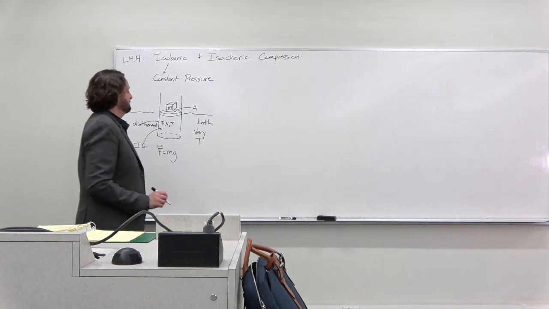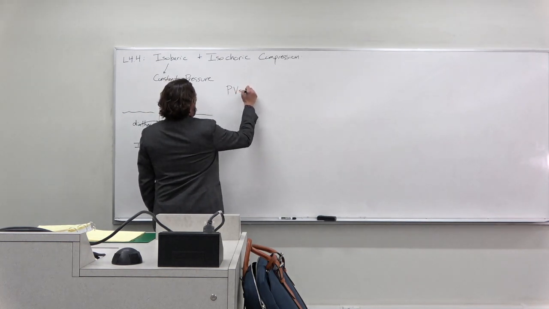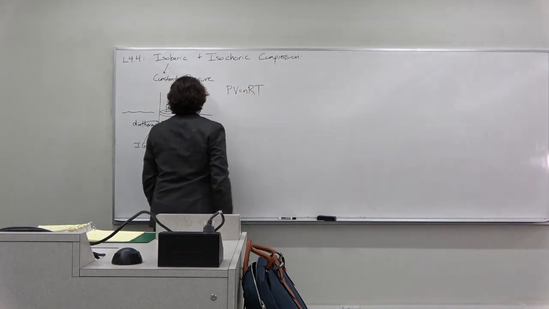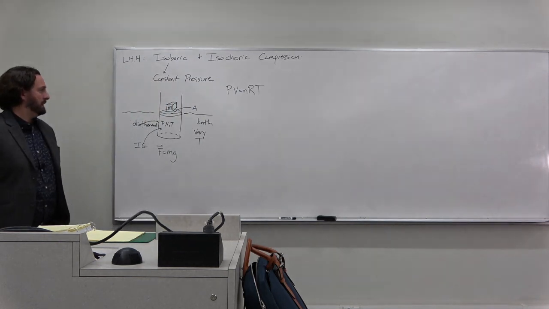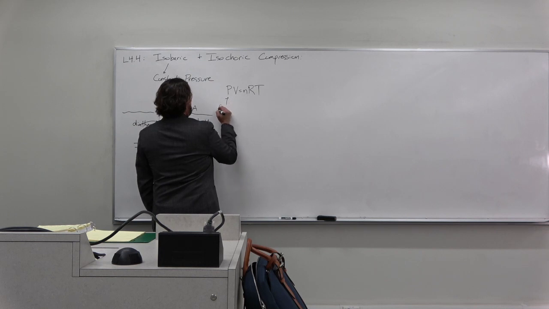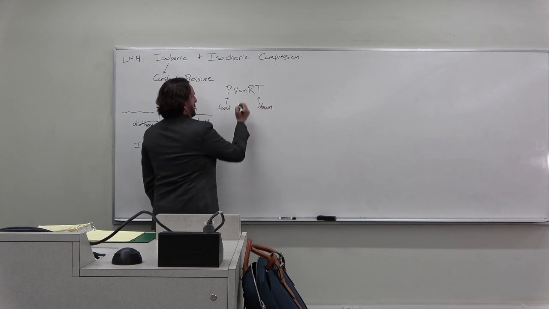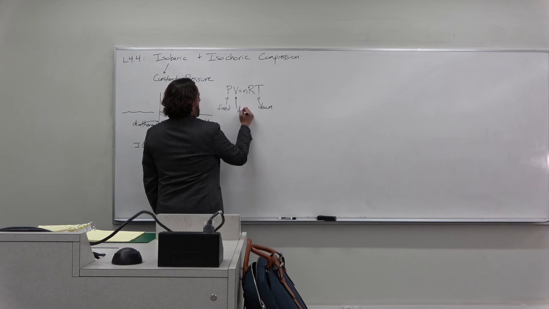Okay, so we need to think about our equation of state. If we fix the pressure and we vary the temperature, let's say we cool it down, then the volume will go down.